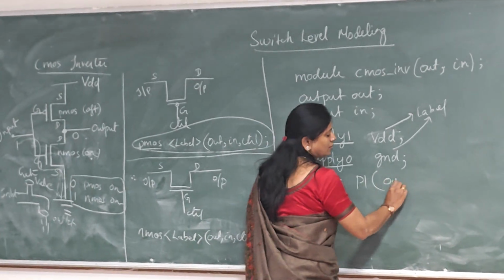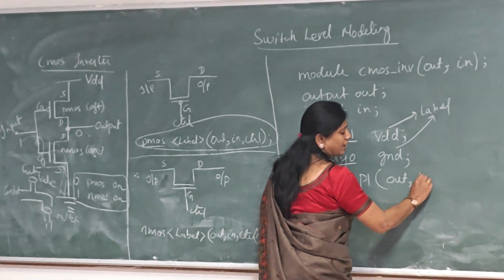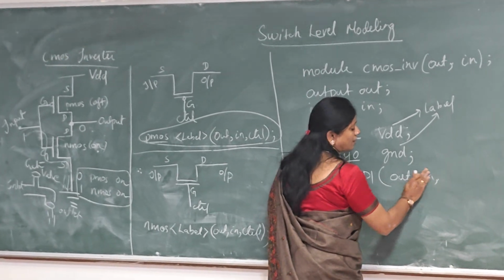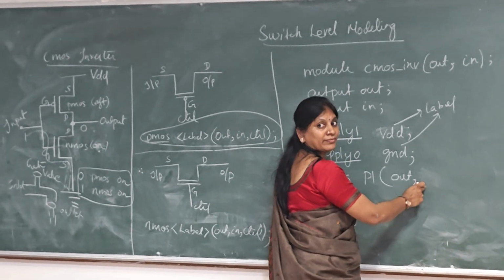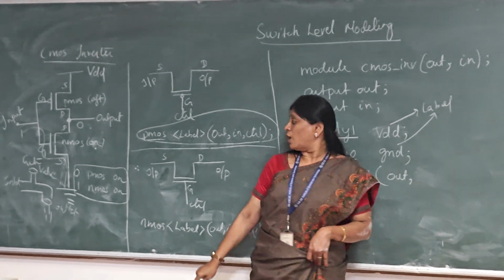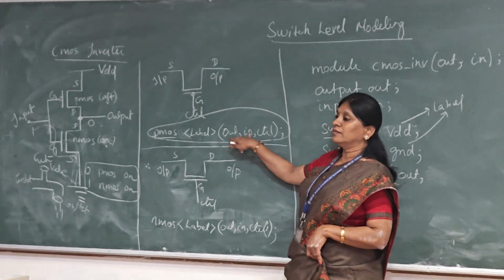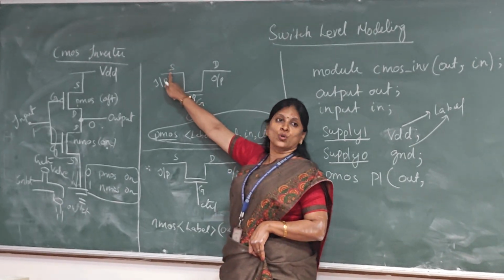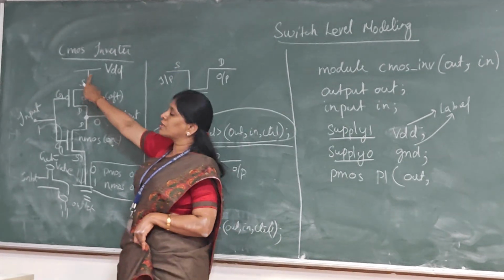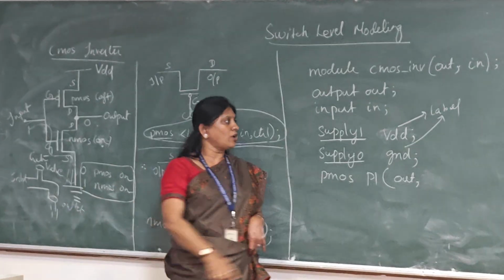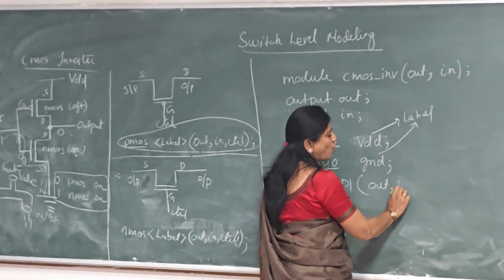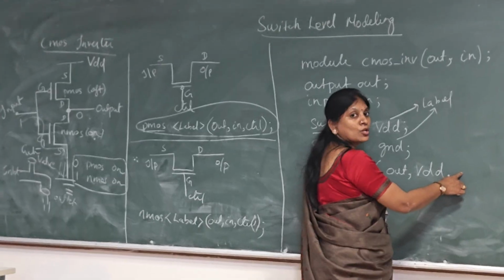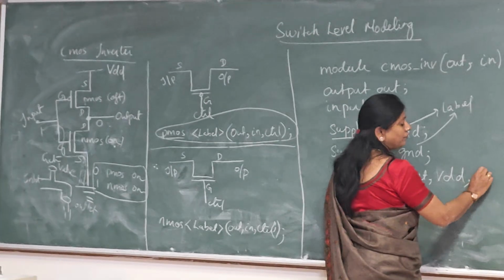Out, comma, in. What is your in actually? Whatever is given in the source, which is VDD. So out, VDD. The final value is control. So what is your control?